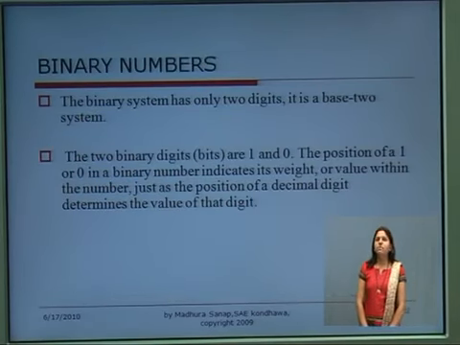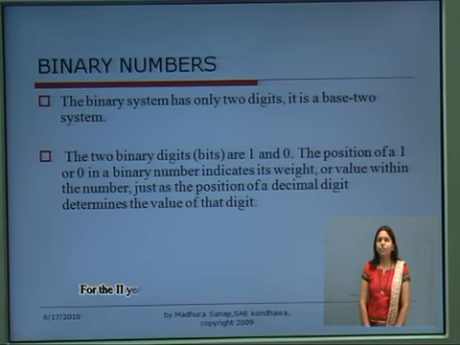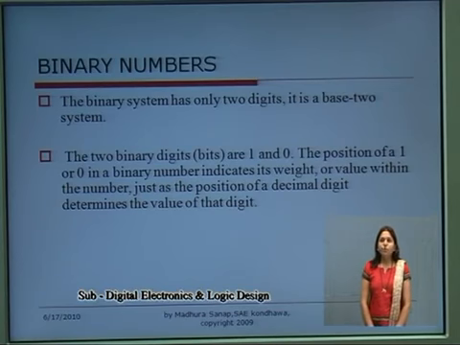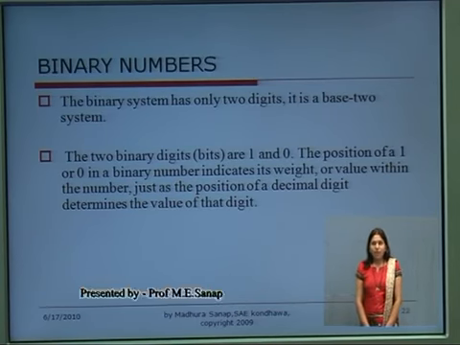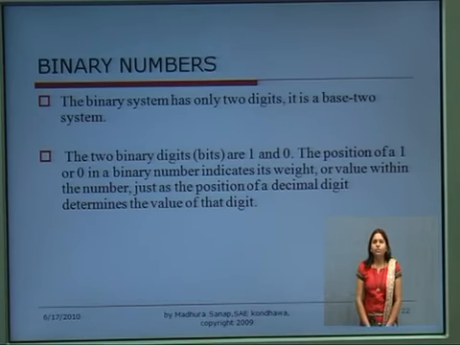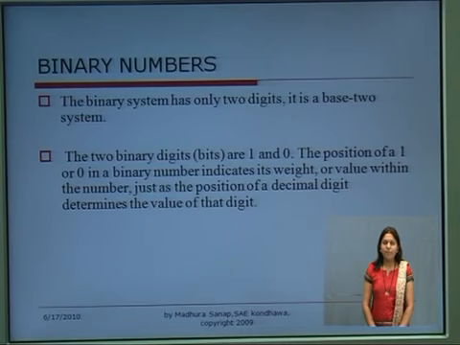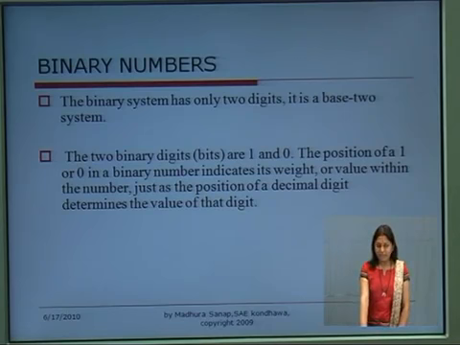Then next, what is the binary number system? Binary is very simple. Its digits have base 2 and its bits are 1s and 0s. As we write a number representation for the decimal number system, it is the same, but here we only have to change the base.